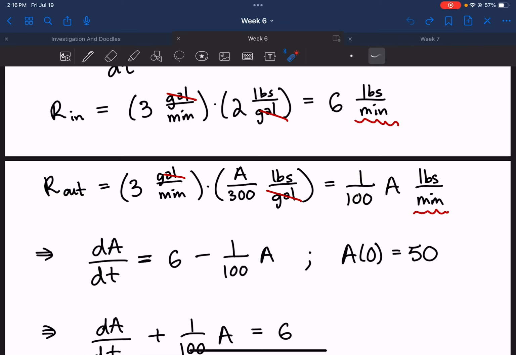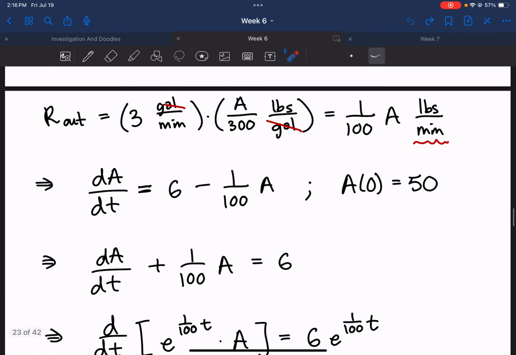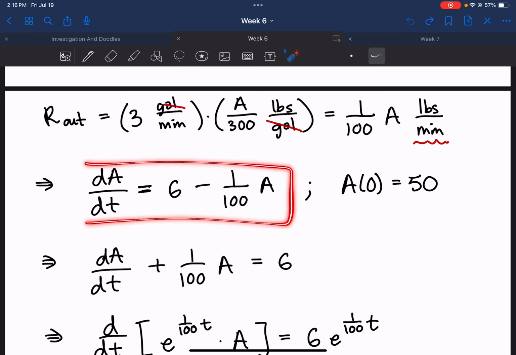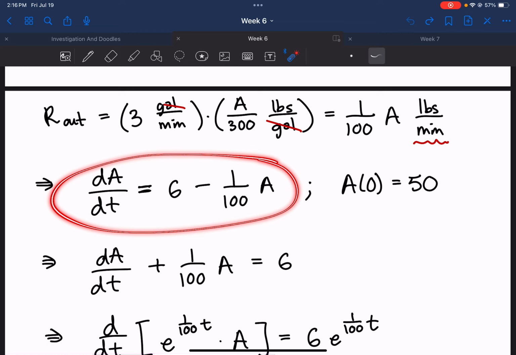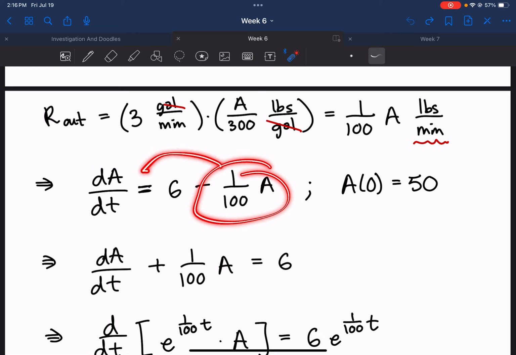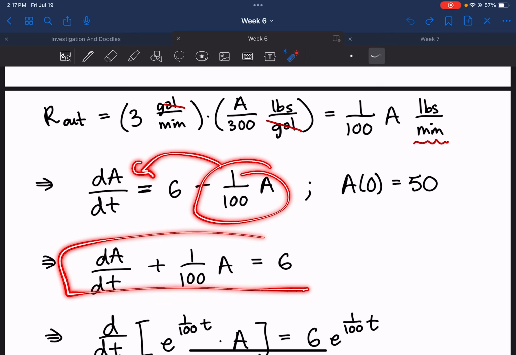which means the equation that I need to solve is dA/dt equals 6 minus 1/100 A, given that A of 0 is 50. And this is linear. So all I need to do is move this across the equal sign to get this equation.